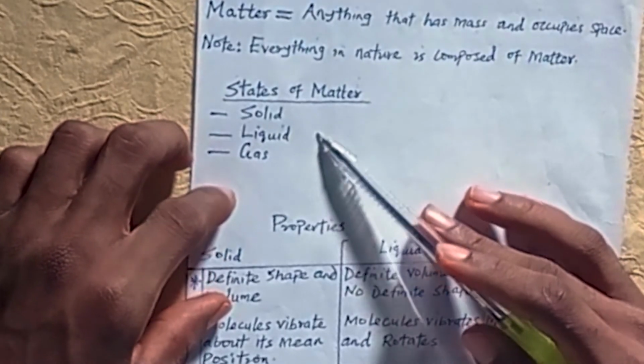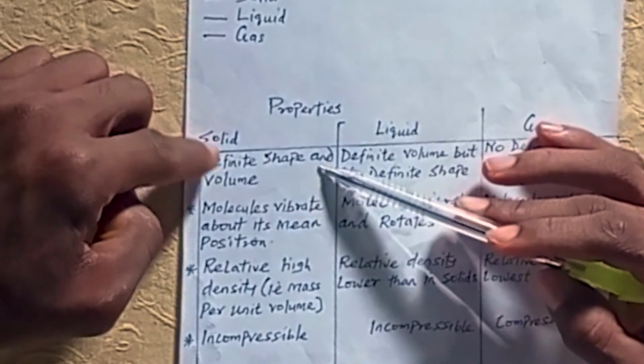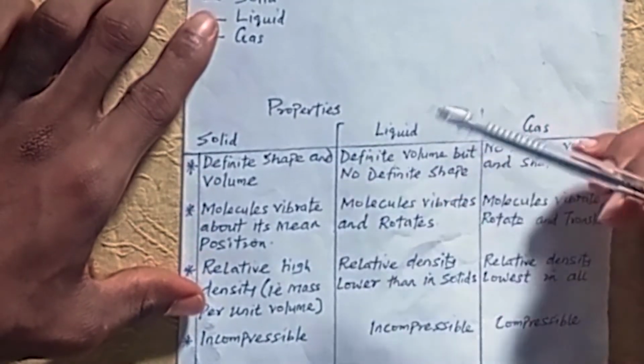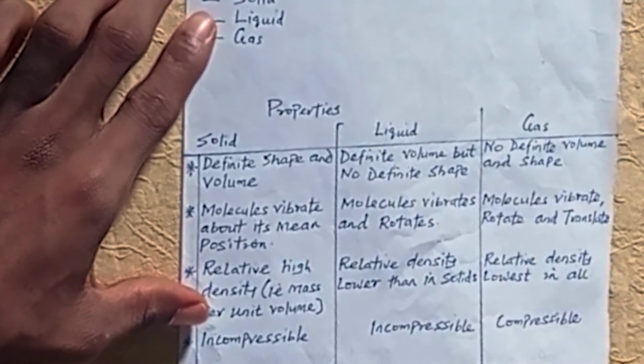Now, quickly looking at the various states of matter, we have the solids, the liquid, and the gases. And each of these states has its various properties, and it's very important for us to take note of these properties. First of all, a solid has a definite shape and volume. Molecules vibrate about their mean position.